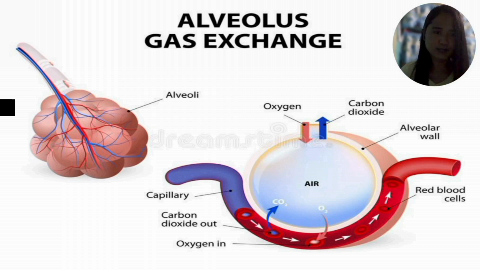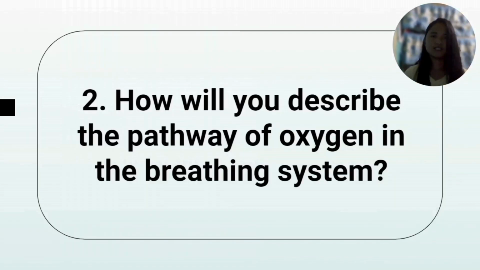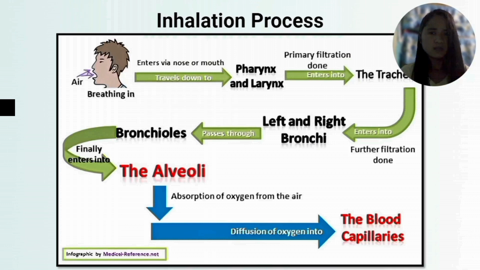So let's proceed. Here is the question. How will you describe the pathway of oxygen in the breathing system? In the inhalation process, when we breathe in, the air enters via the nose or mouth, then travels down to the pharynx and larynx, where the primary filtration is done, and then enters the trachea, where further filtration is done.